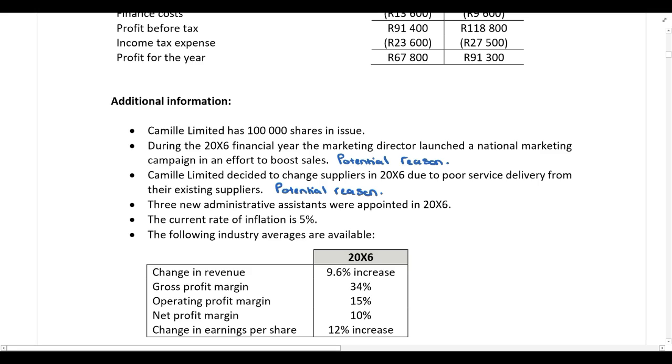Three new admin assistants were appointed in 20x6. Once again, this would also impact on the costs of the company. If they hire new people, you would expect salaries to increase. So this could also be used as a potential reason when we get to our ratio calculations.